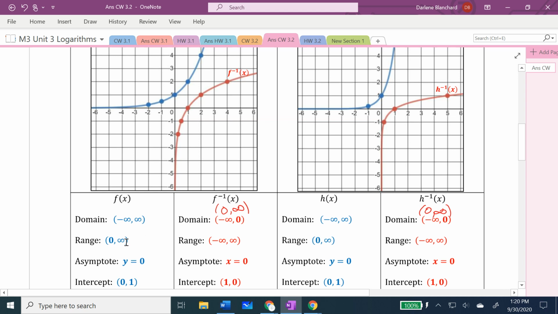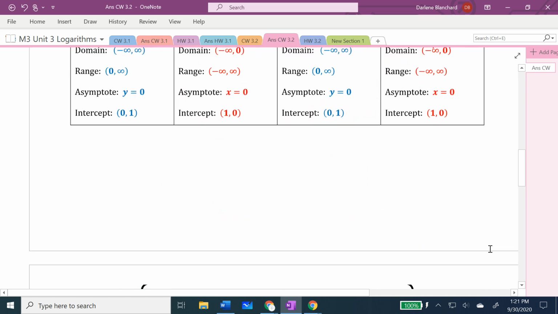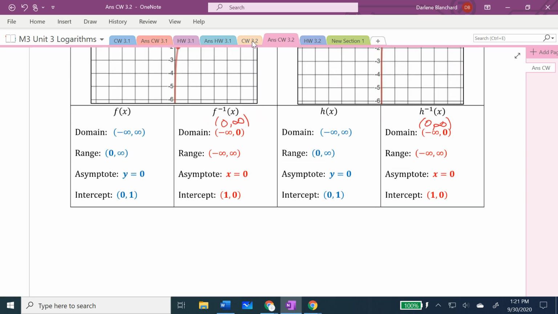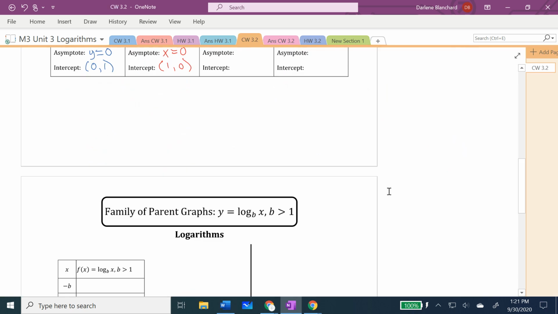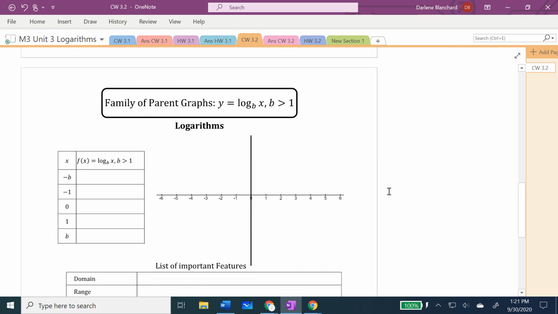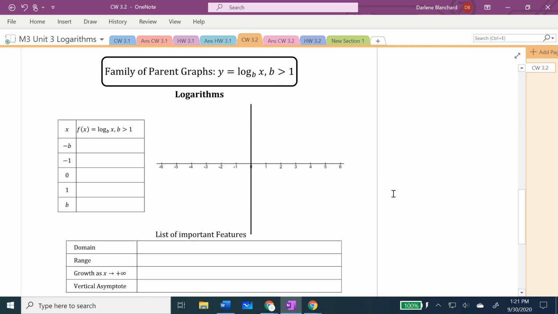So the domain and the range swap for the exponential versus the logarithms. Now, for a generic log function where the base is greater than 1, you need to know this. You're going to be graphing parent graphs.